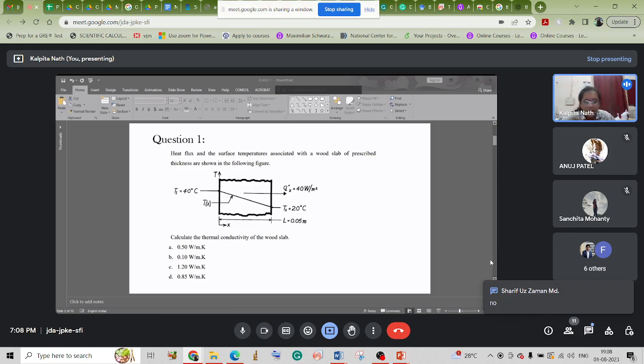I won't name the equation right now. Just apply the equation which is feasible in this case for heat conduction, the basic equation that is applied for heat conduction, and then give me the result. What will be the thermal conductivity of the slab? Okay, let's start.